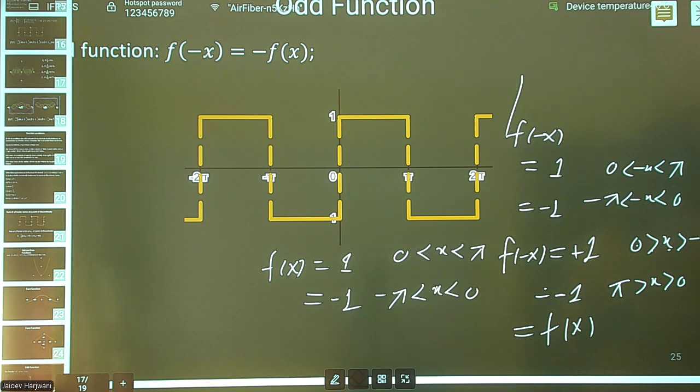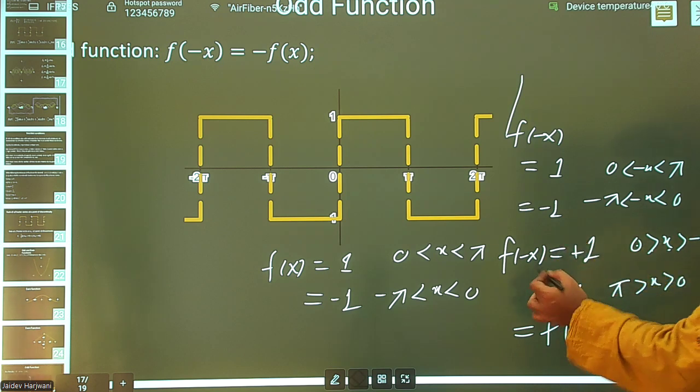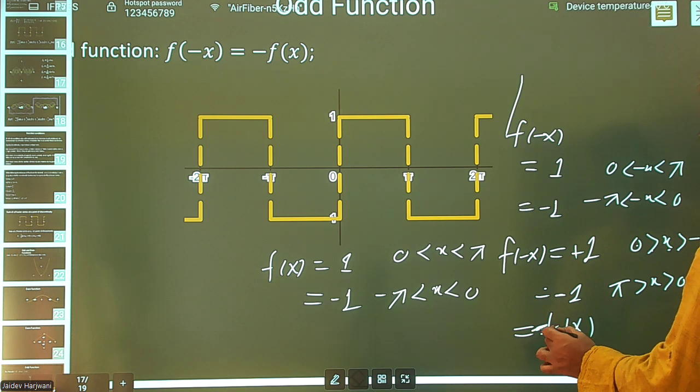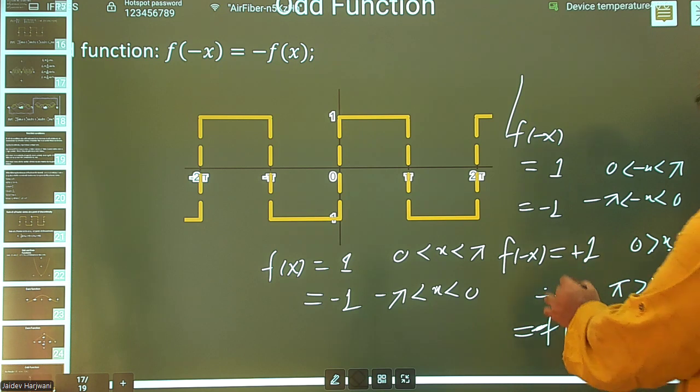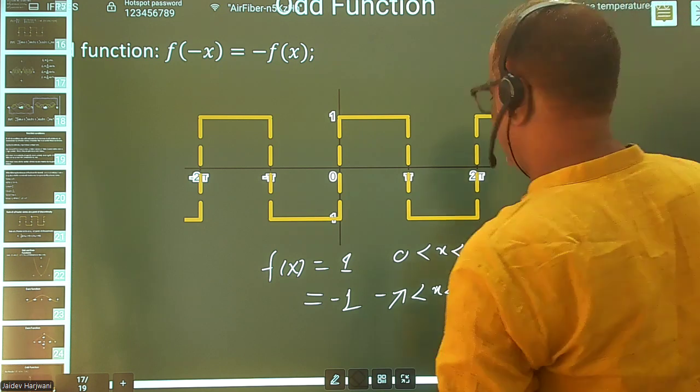So now this is −f(x). f(−x) is equal to −f(x), this is the odd function. This is not equal to f(x), this is equal to −f(x), so this is the odd function.